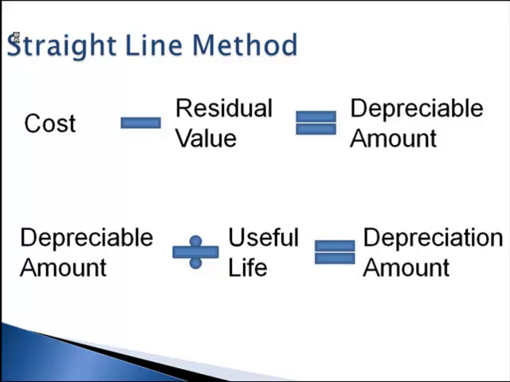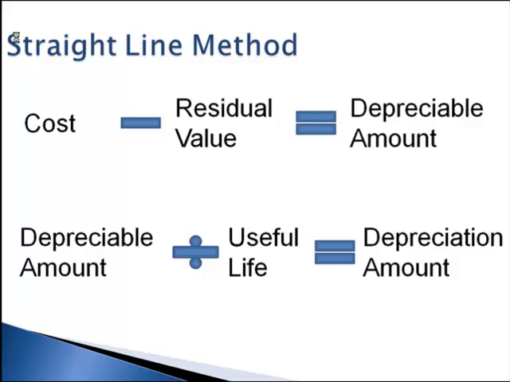Number 1, calculate the amount of depreciation that we'll be expensing over the life of the asset by taking the cost and subtracting out the residual value. This provides us with something termed the depreciable amount. We then take that depreciable amount and divide it by the useful life of the asset in number of years, and that provides us with the amount of depreciation that we write off in an accounting period.